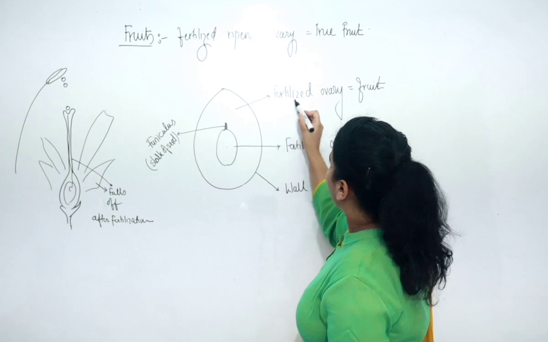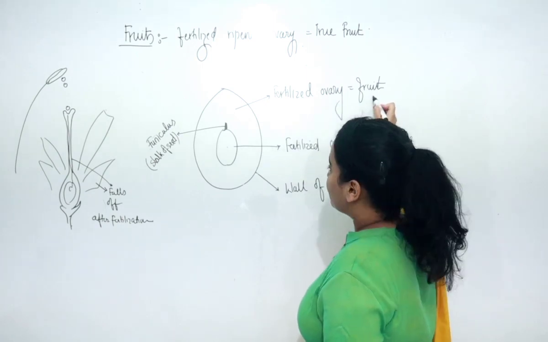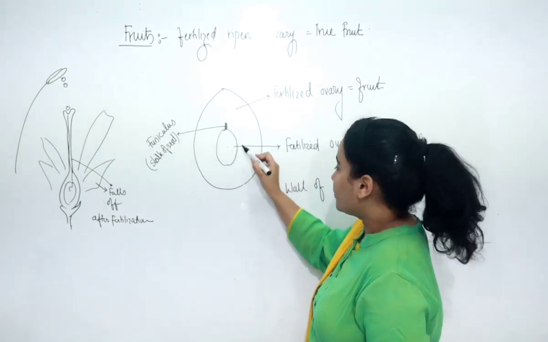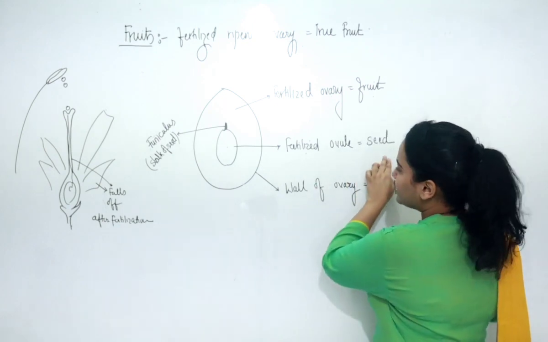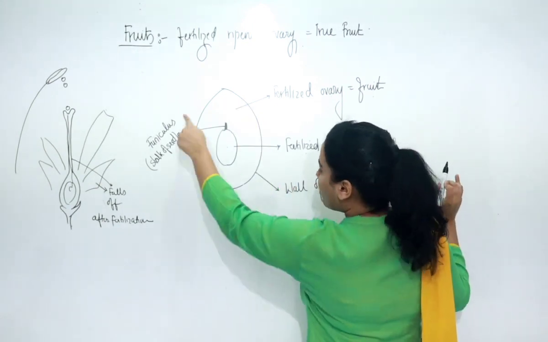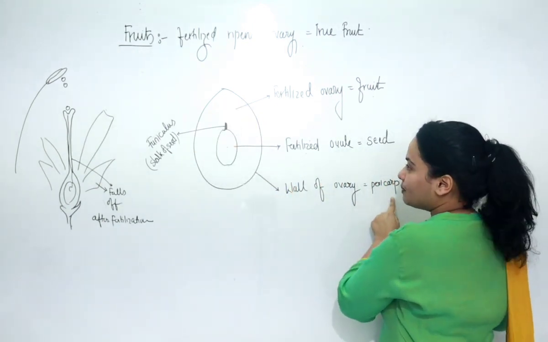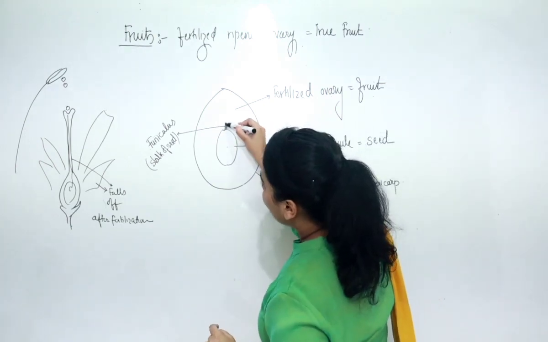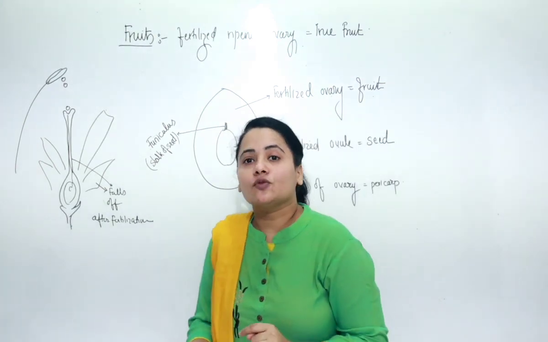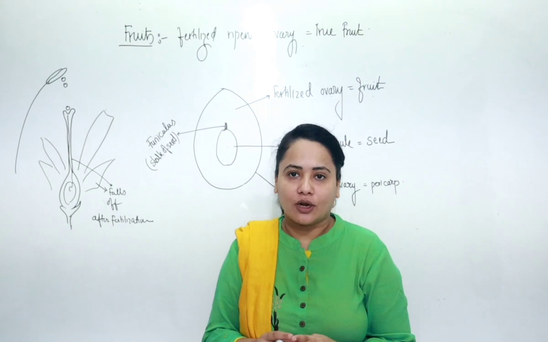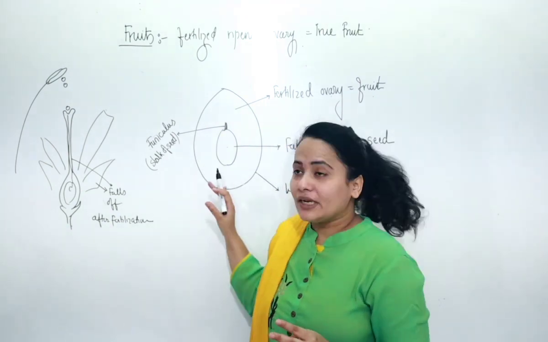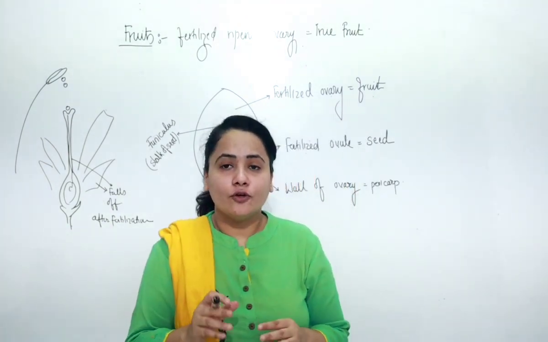So if you talk about fertilized ovary, it is called fruit. If you talk about fertilized ovule, it is called seed. और जो ओवरी की वॉल होती है, that is what you call pericarp. और सीड का जो छोटा सा स्टॉक होता है, that is what you call funiculus. Okay, so basically this is the structure of fruit.